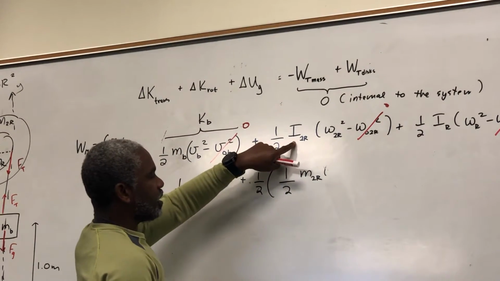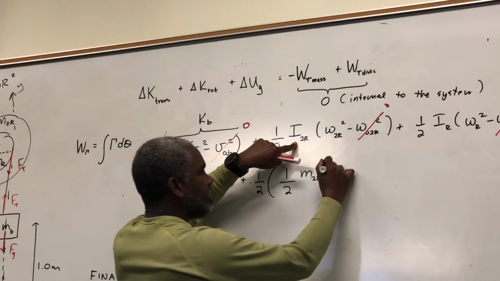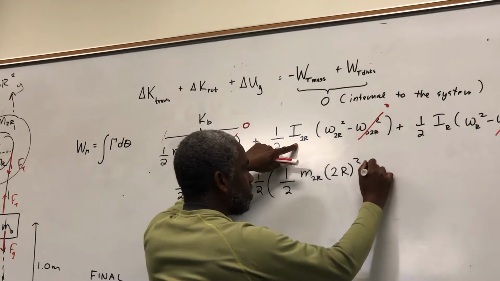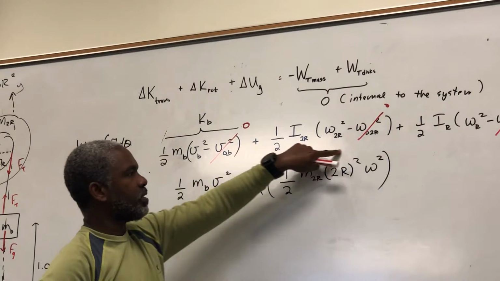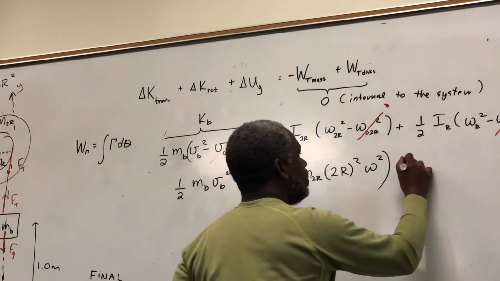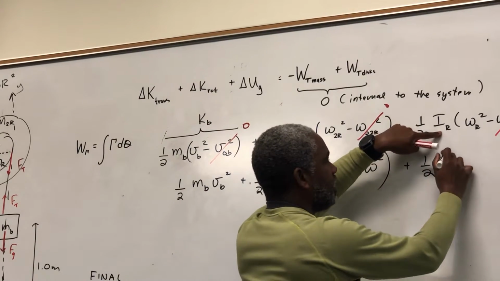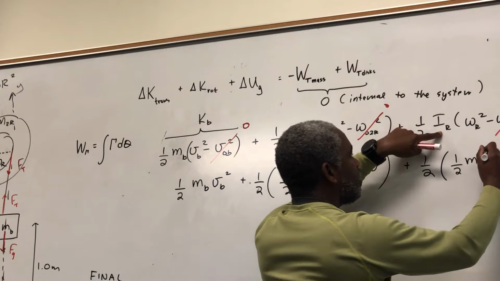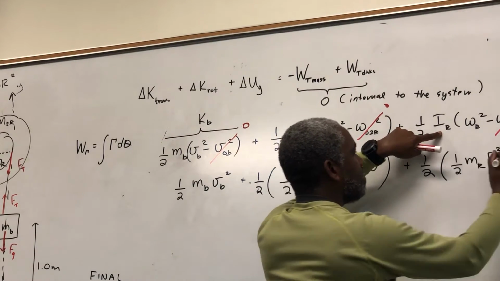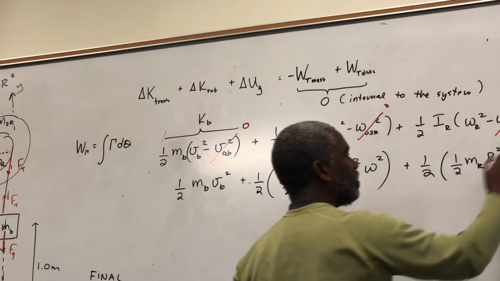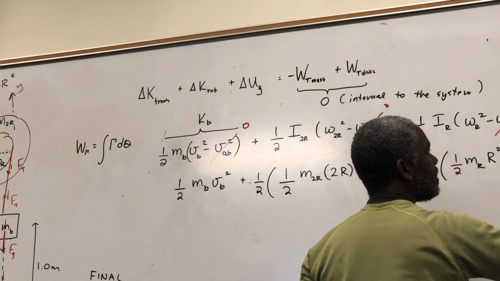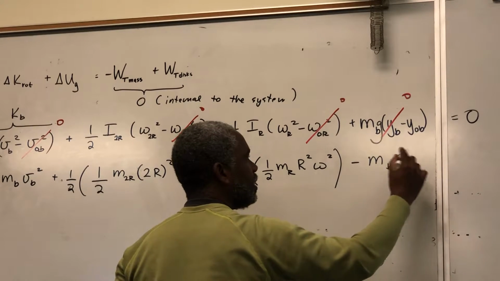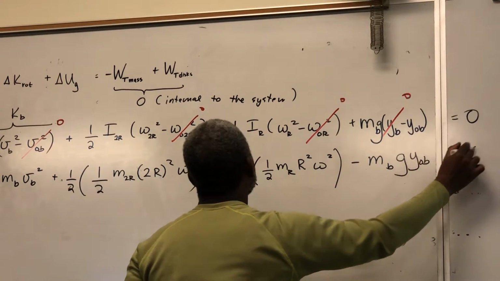So rotational inertia of the outer disk is 1/2 mass of the disk times its radius squared times its angular speed squared. So that's this expression right here. Plus 1/2 rotational inertia of the inner disk, which is 1/2 mass of the inner disk, radius of the inner disk, times its angular speed squared, minus mass of the block. Oh, and I forgot my G here. G, initial height of the block, is equal to 0.